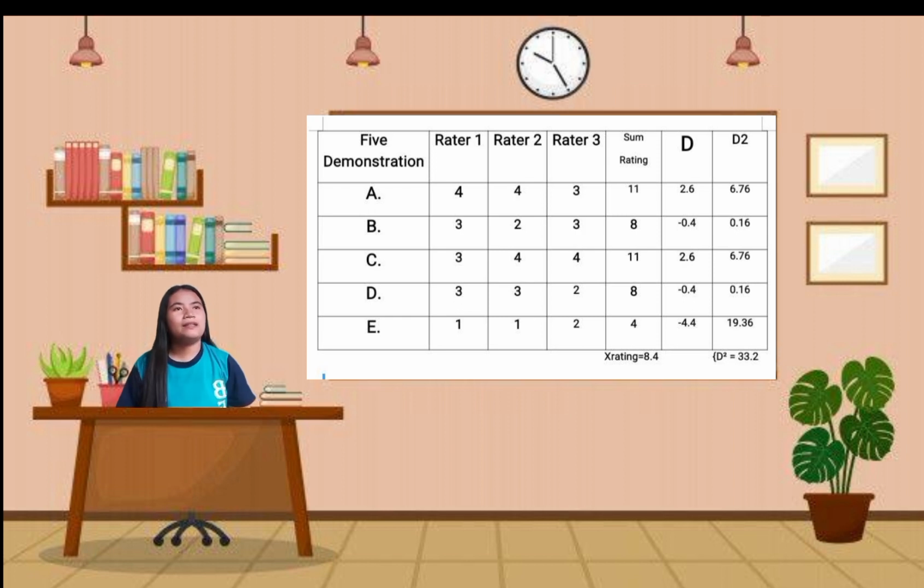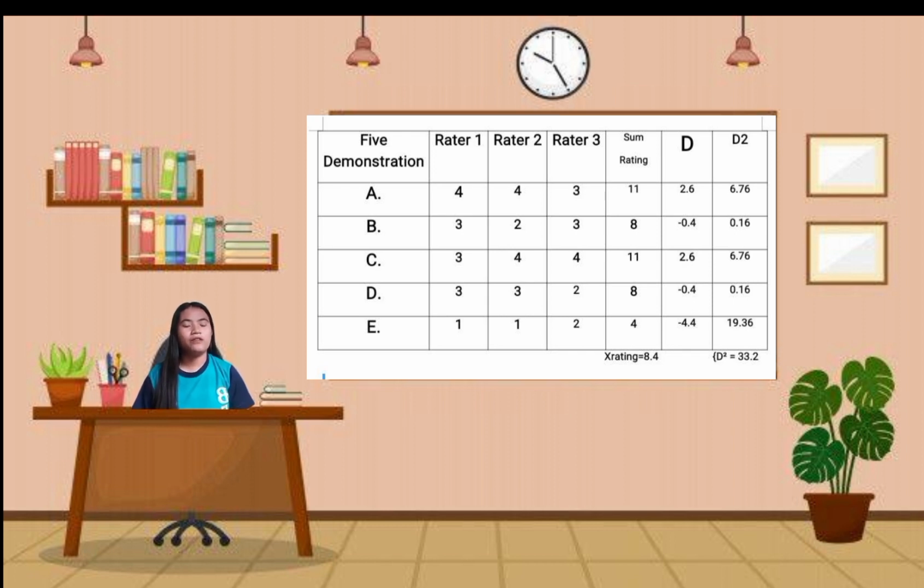Ngayon naman, dito sa D squared, i-squared lang natin yung nakuha natin sa D or sa difference. So, 2.6 times 2.6 is equals to 6.76. Negative 0.4 times negative 0.4 is equals to 0.16. 2.6 times 2.6 is equals to 6.76. Negative 0.4 times negative 0.4 is equals to 0.16.